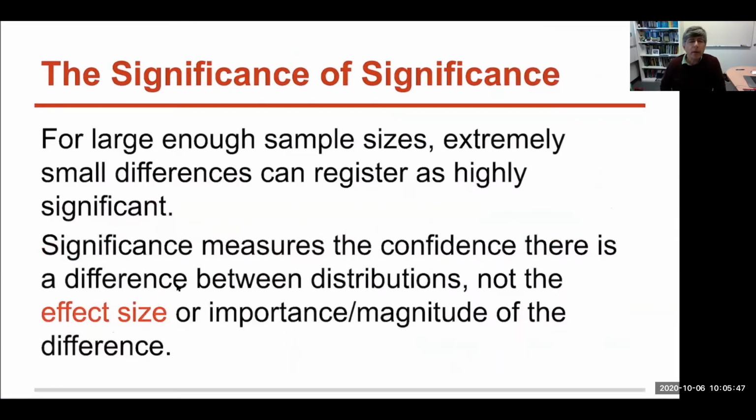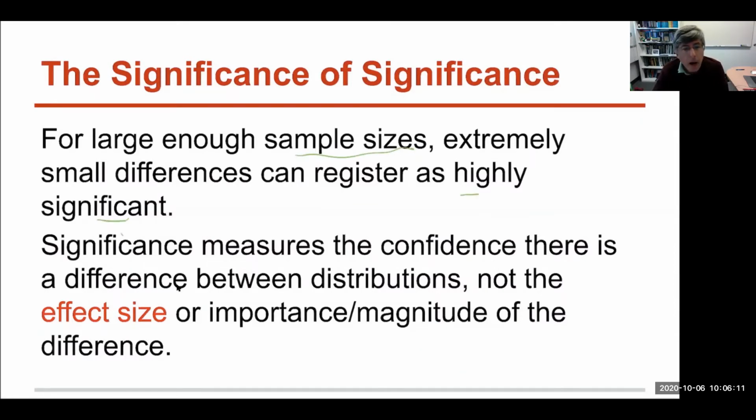Okay, so what is the notion of significance? What is the significance of significance? Statistical significance is the likelihood we would have seen this effect by chance. And when you have a large enough sample size, very, very small differences can register as highly significant.